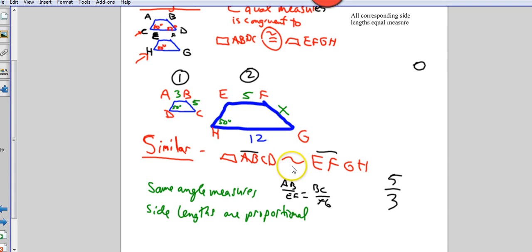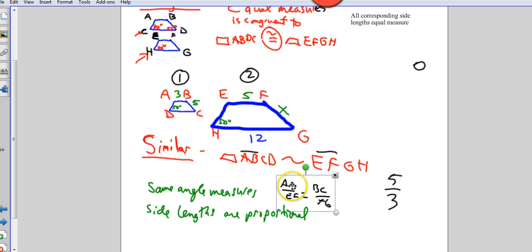So I can make a corresponding proportion. AB to EF, those two corresponding sides, that ratio is going to be the same as BC to its corresponding side, FG.